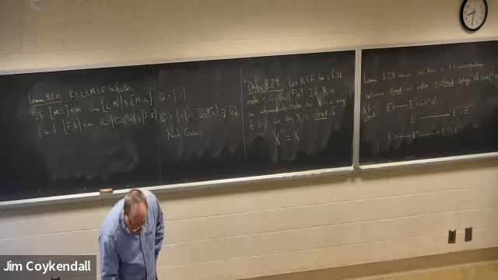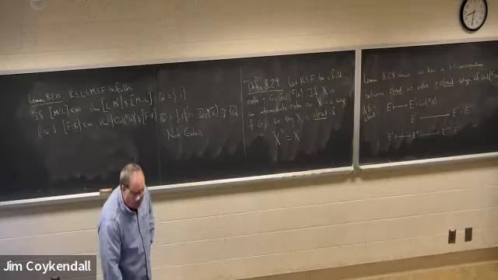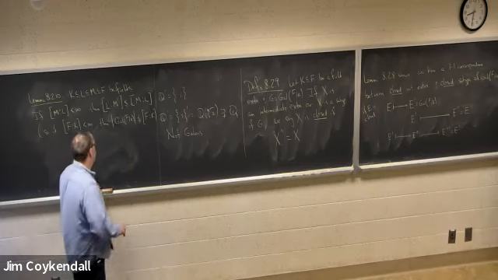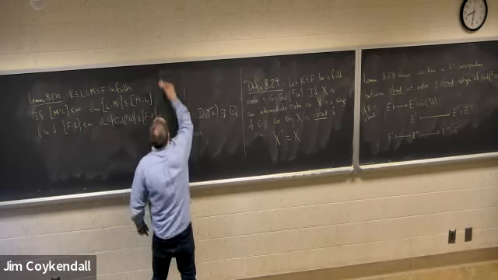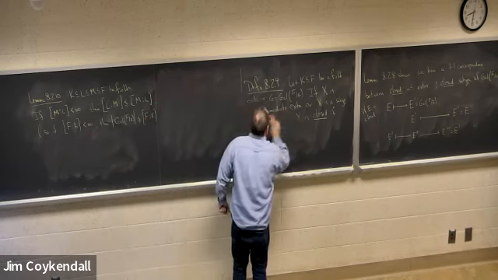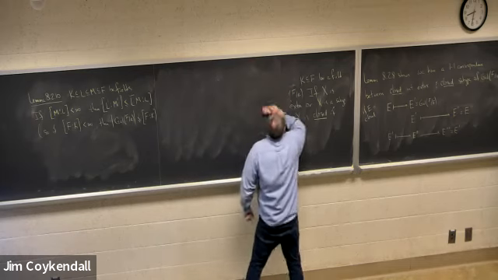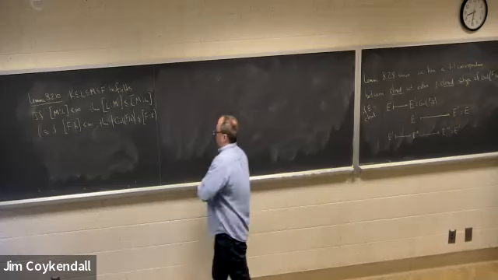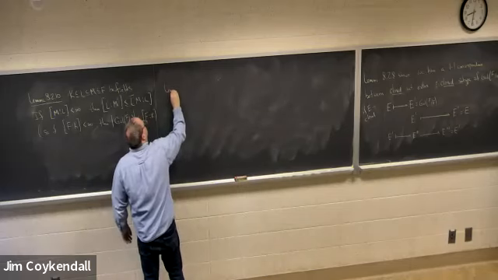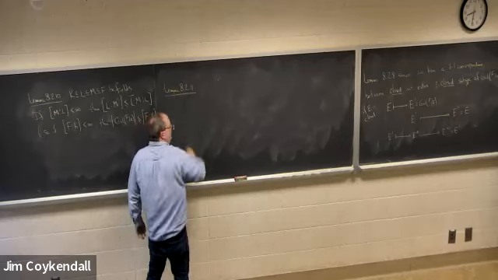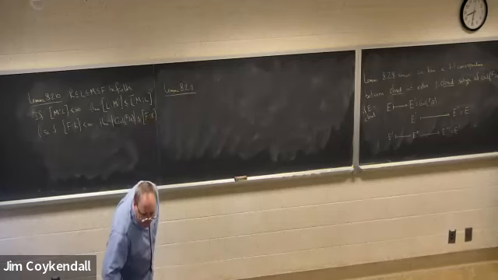Actually, I'm going to give you the next lemma. I'm going to prove this, but I don't have time to prove it right now, so I'll prove it next time. But let me give you the companion that we're going to get down the road. Lemma 8.2.11.